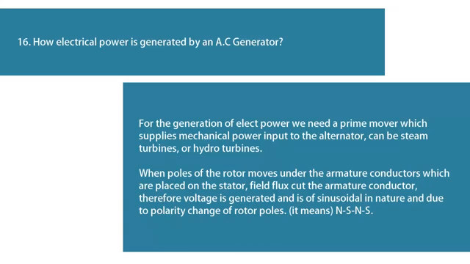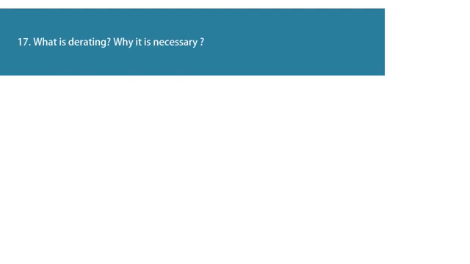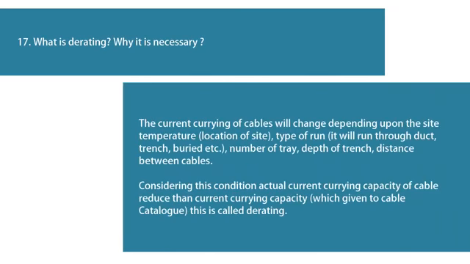17. What is derating? Why is it necessary? The current carrying capacity of cables will change depending upon the site temperature, location of site, and type of run, whether it runs through duct, trench, buried etc., number of trays, depth of trench, and distance between cables.